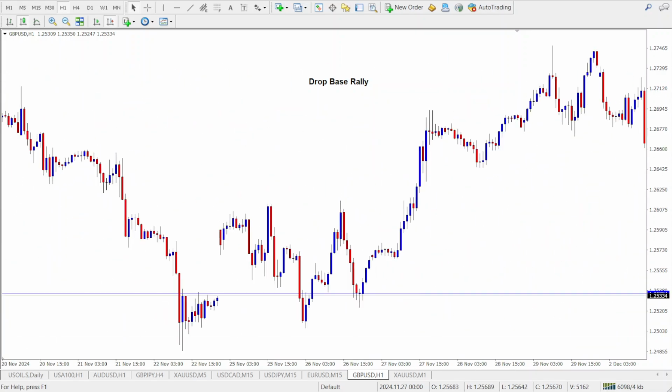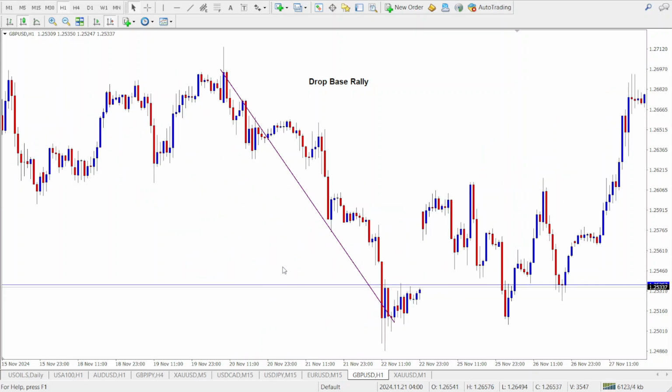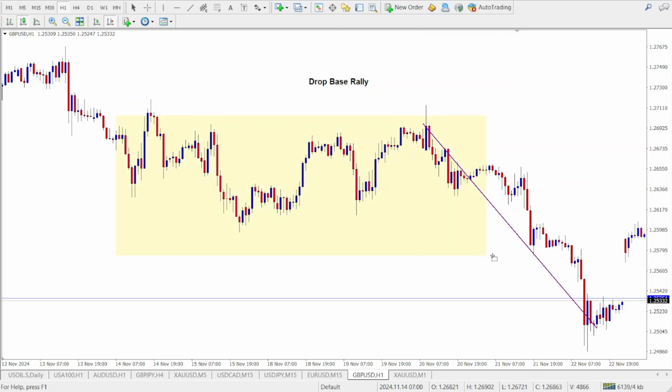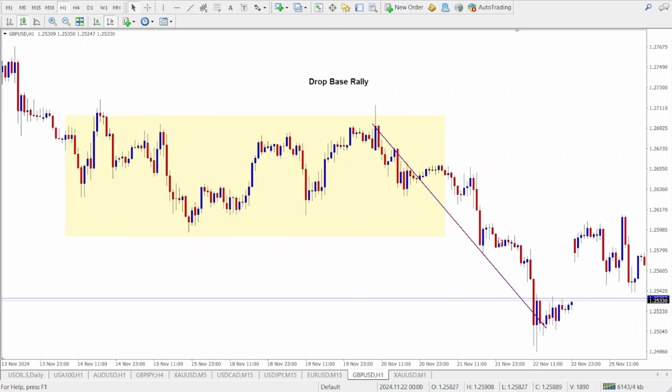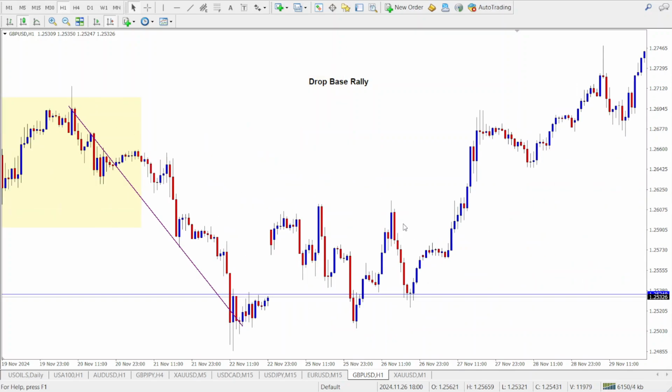At first, the price drops significantly from a higher level, creating a sharp downward movement. This drop often happens after a period of consolidation or a trend exhaustion.